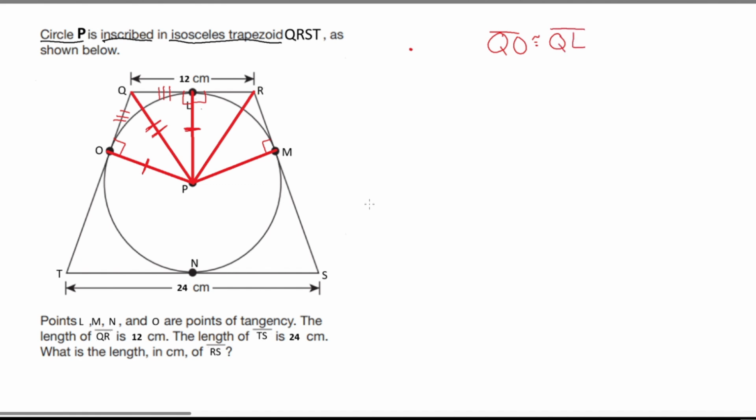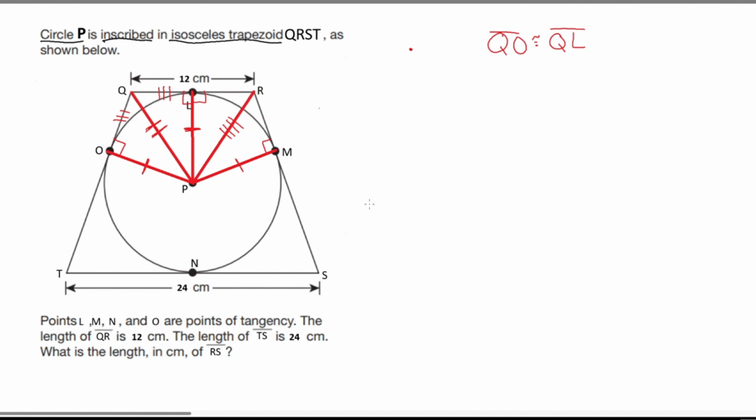Now let's do the same with the other two triangles. So we have PM and PL, right? All radii are congruent. And we have a right angle right over here for both triangles, as well as a common side right over here, and we don't know for sure if PR is congruent to PQ or not, so we're not going to label it.